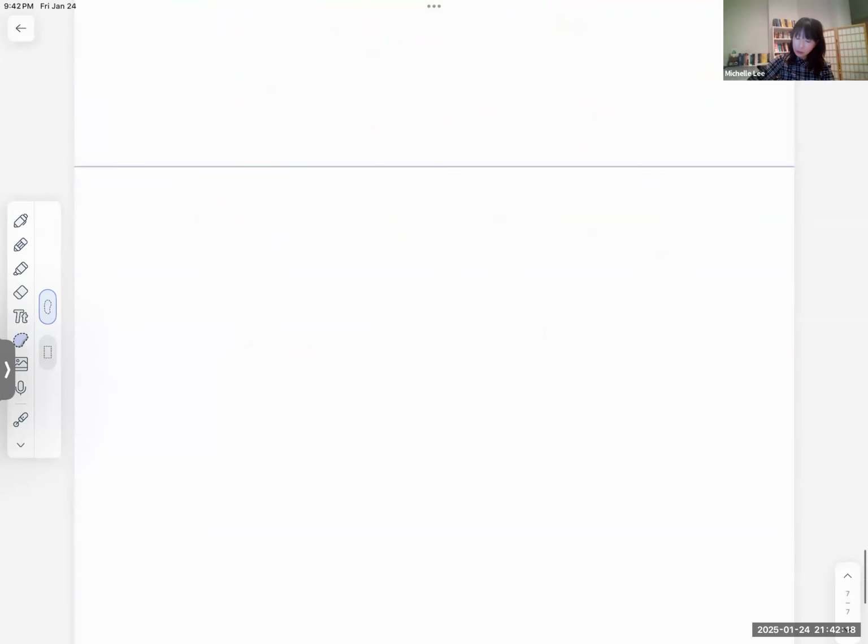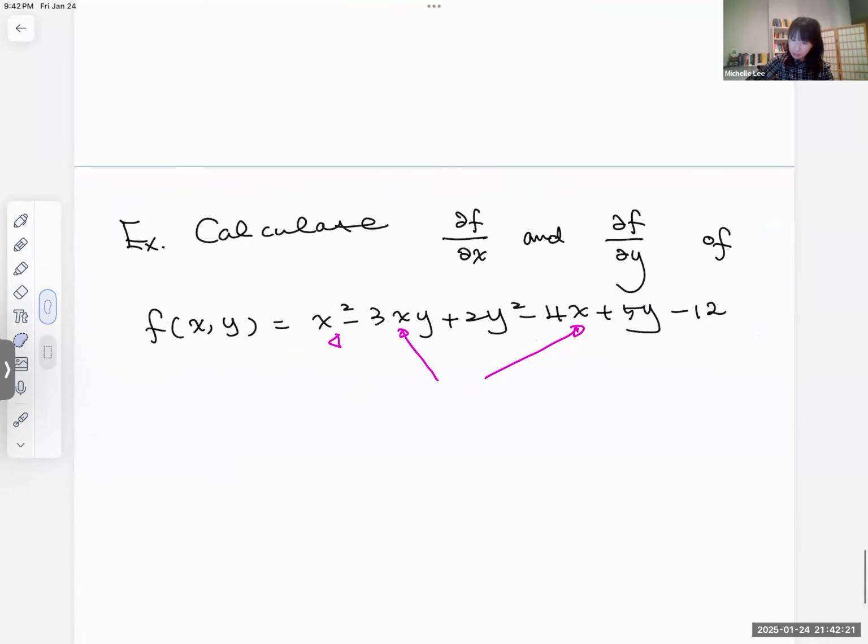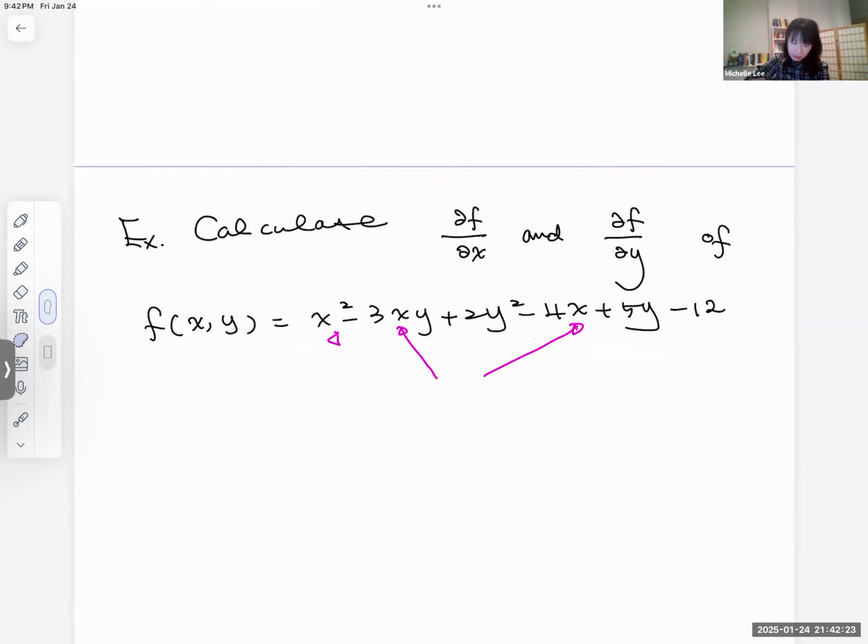All right, so we have the same question. We want the partial derivative, so we denote the notation with the partial over x.